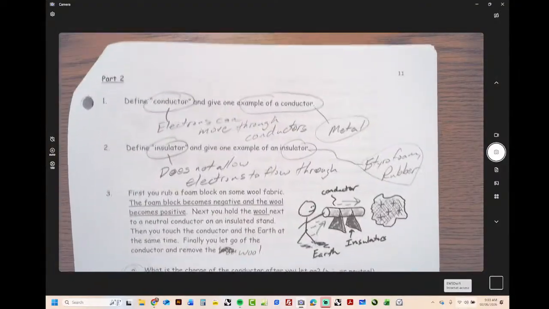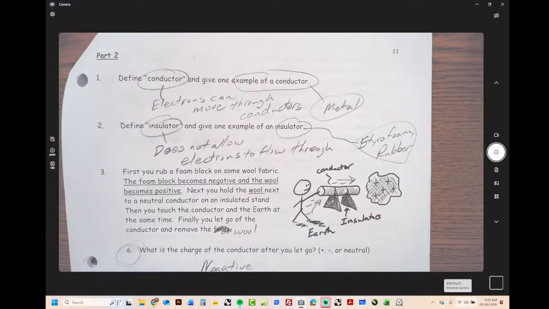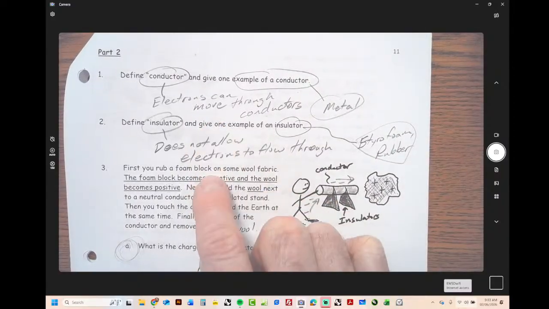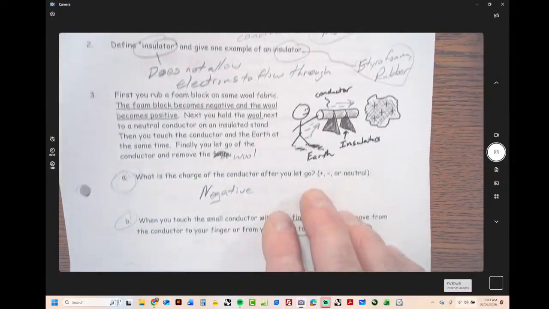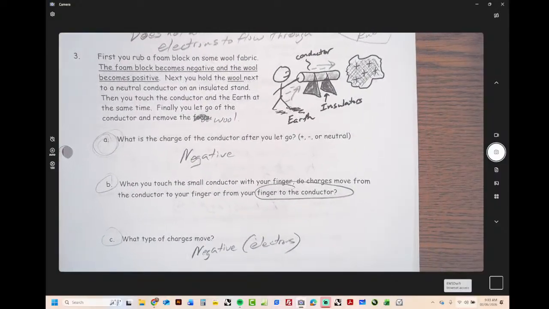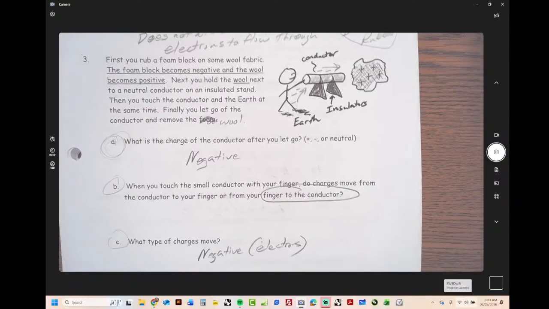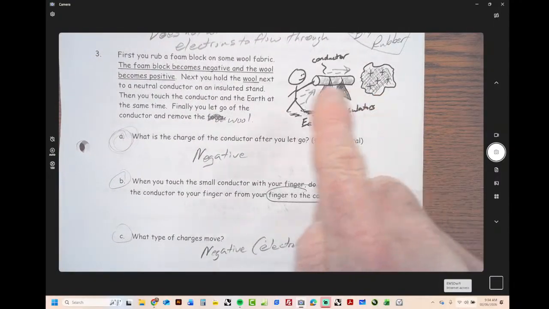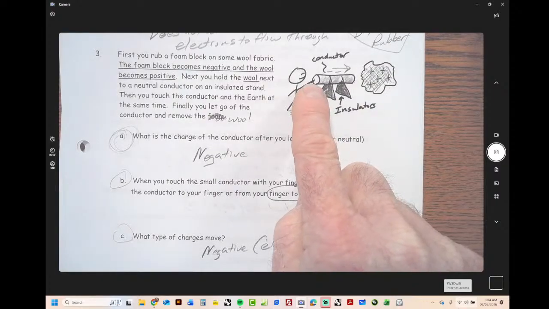Second quiz was about conductors and insulators and charging things by having charges move around through these conductors and insulators. So you'll need to know what they are, examples of each one, and there are 2 ways that I've shown you to charge a conductor. One is to put it next to something that's charged and then to touch it and ground it.